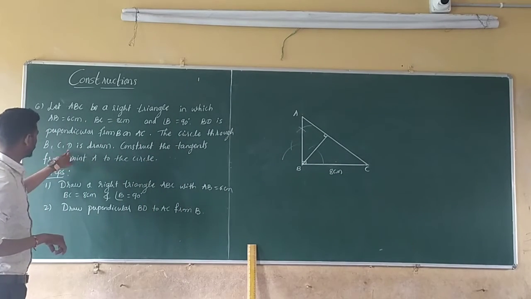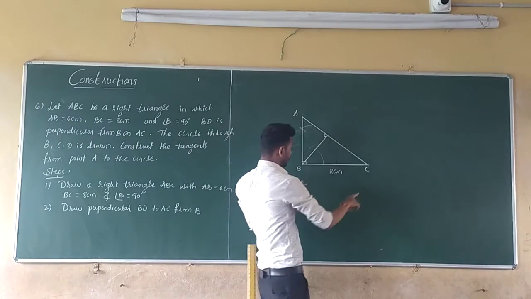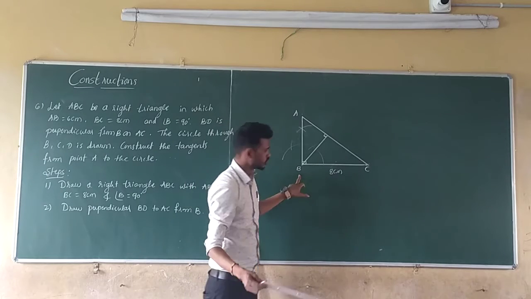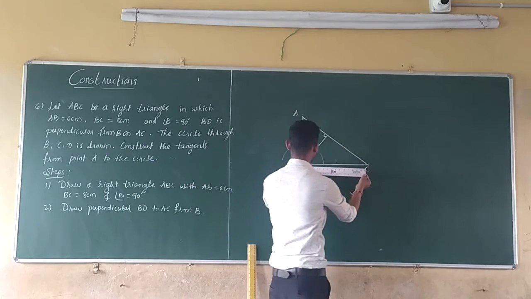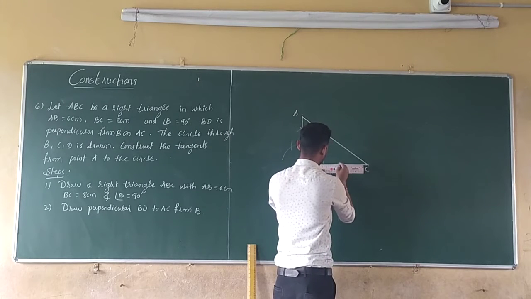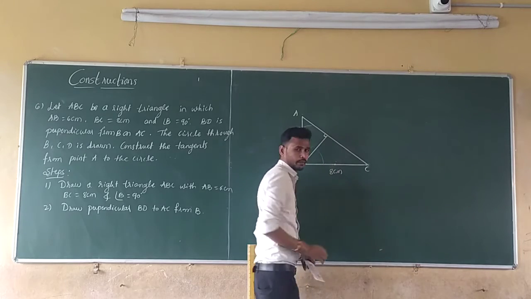So next, the circle through B, C, D is drawn. That means take the midpoint of BC as a center. So midpoint of BC means 4 centimeters, since the total is 8 centimeters.